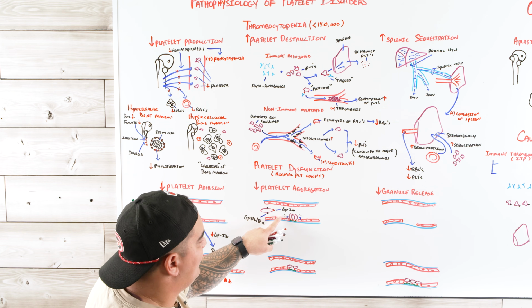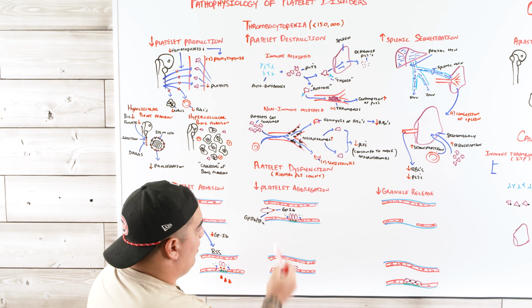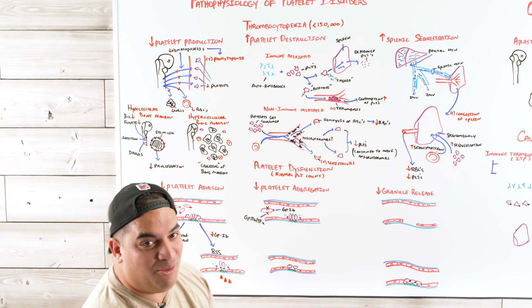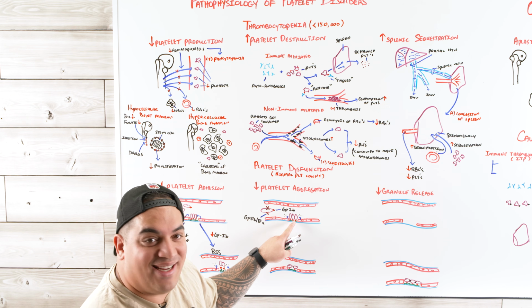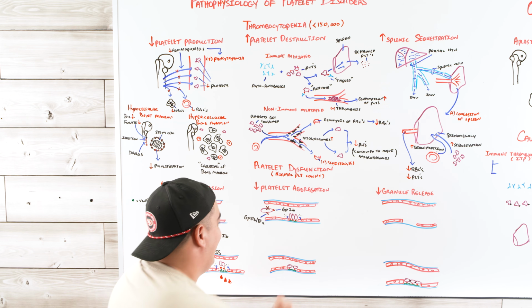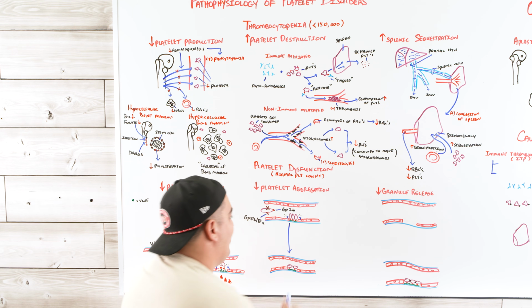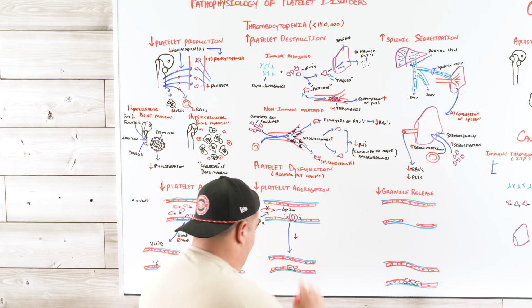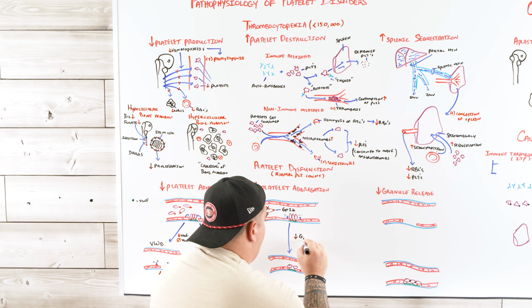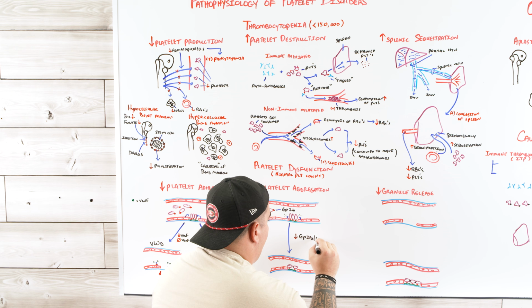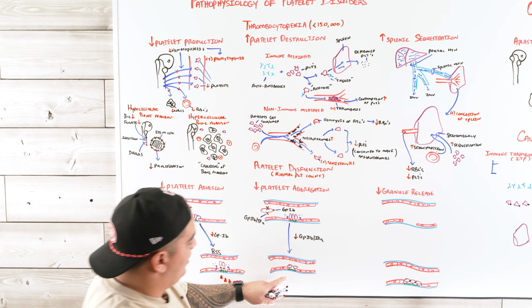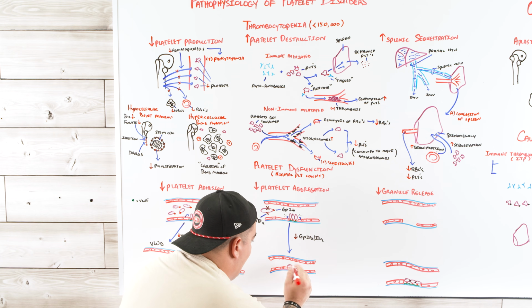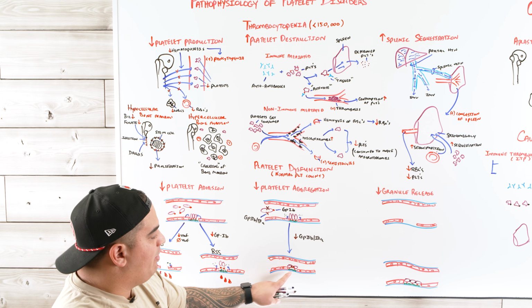And GP1B is intact. But in these patients who have abnormal platelet aggregation, they don't have the GP2B3A. So can the platelets stick to one another? No. And that alters the ability to continue to form your hemostatic plug. And so in these patients, they have a deficiency in GP2B3A. And so they can stick to the von Willebrand factor, but the problem here is they can't stick to one another because there's supposed to be a protein.